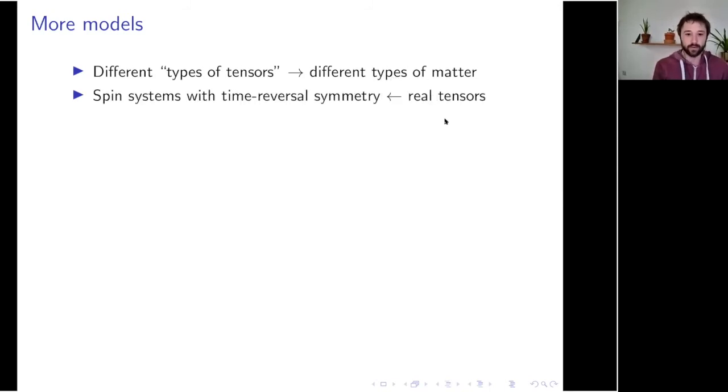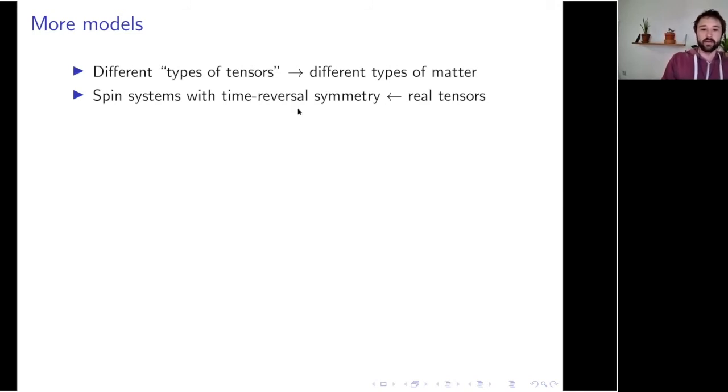So to give a few simple examples, consider spin systems that are protected by a time reversal symmetry. That means an anti-unitary symmetry. And every such anti-unitary that squares to the identity can be brought into a form where it is only complex conjugation via basis change.